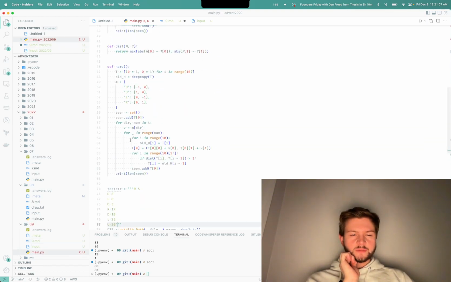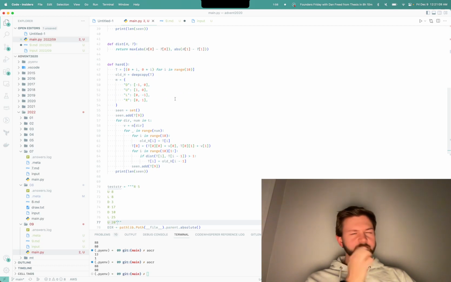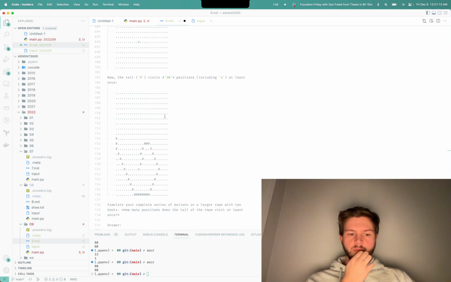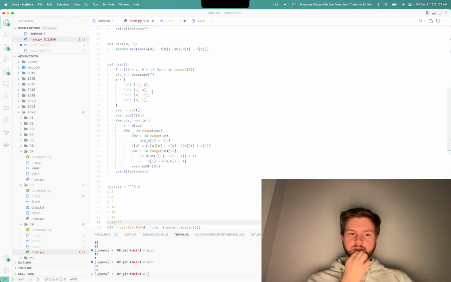36. I kind of wonder if maybe our tail is not long enough. It is add to 9, which is 10 different elements. So we are doing this for all 10. The movement is not.